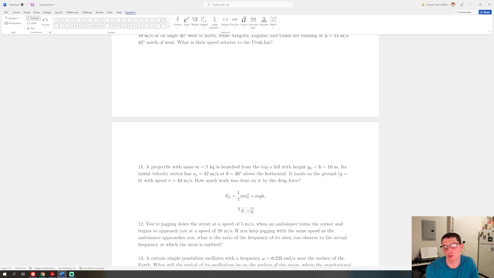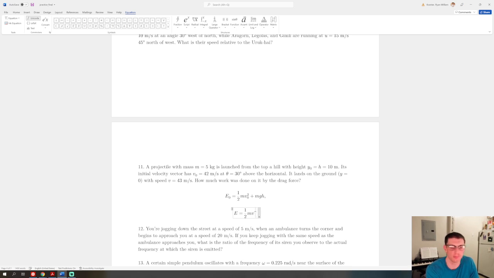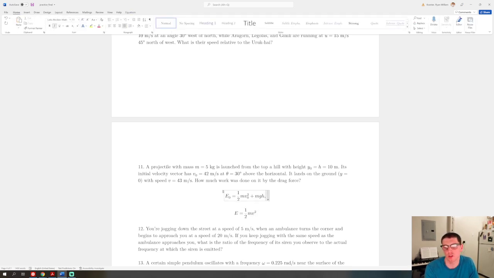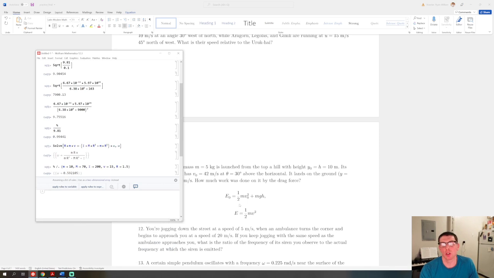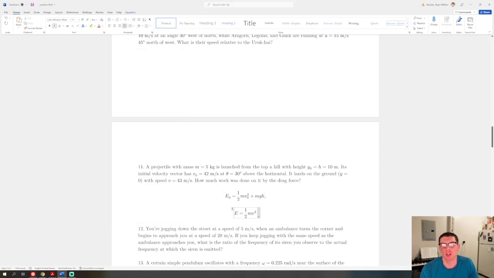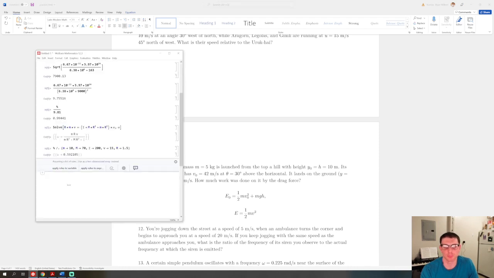The final mechanical energy is going to be, well, it doesn't have gravitational potential energy because it lands on the ground, and we're taking the ground to be our y equals 0. So it's just 1/2 mv squared. And just because maybe this would be illuminating, we can get numbers at this point. Because we want to see very clearly that the drag force is taking energy out of the system, right?